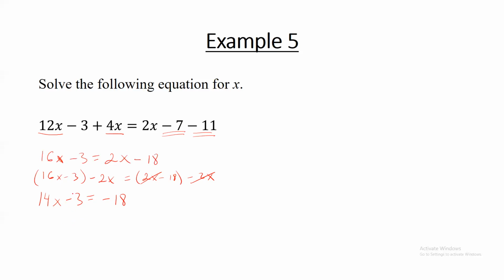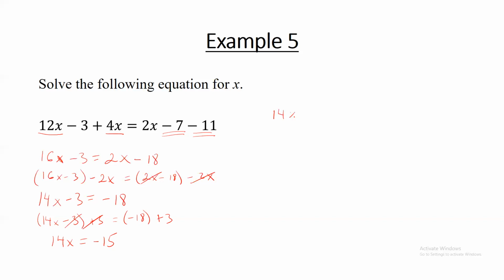We can get rid of the minus 3 by adding 3 to both sides, because we're undoing the subtraction of 3. So we will add 3 to the left, and we will add 3 to the right. So the subtracting and adding 3 will undo each other, giving us 14x equals negative 18 plus 3 is negative 15. And finally, we will divide both sides by 14.